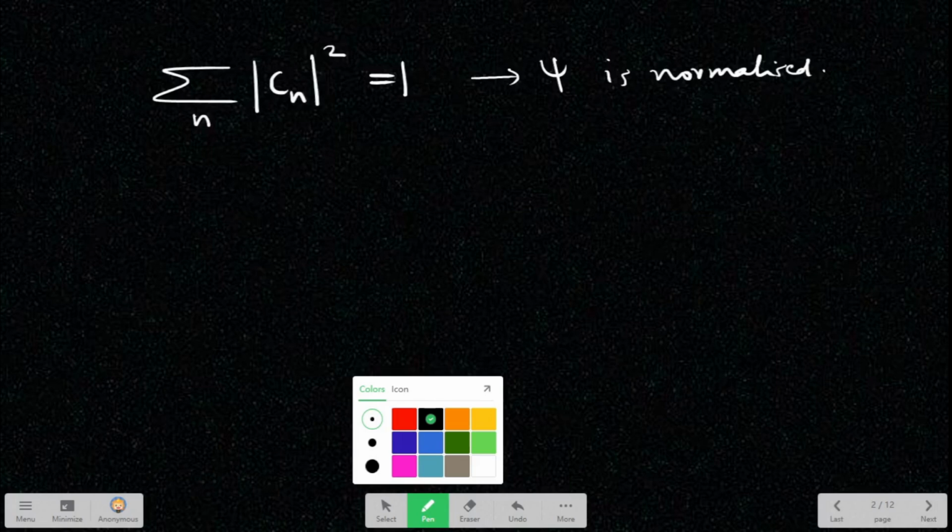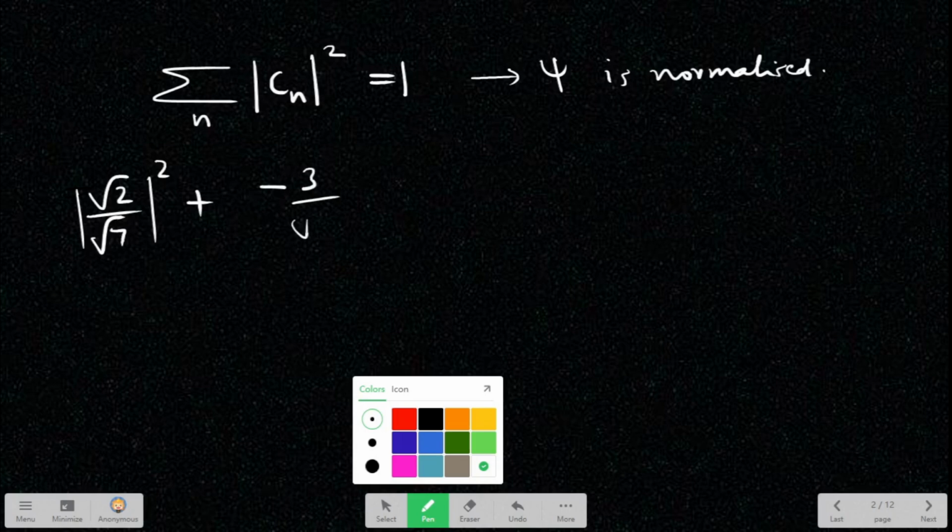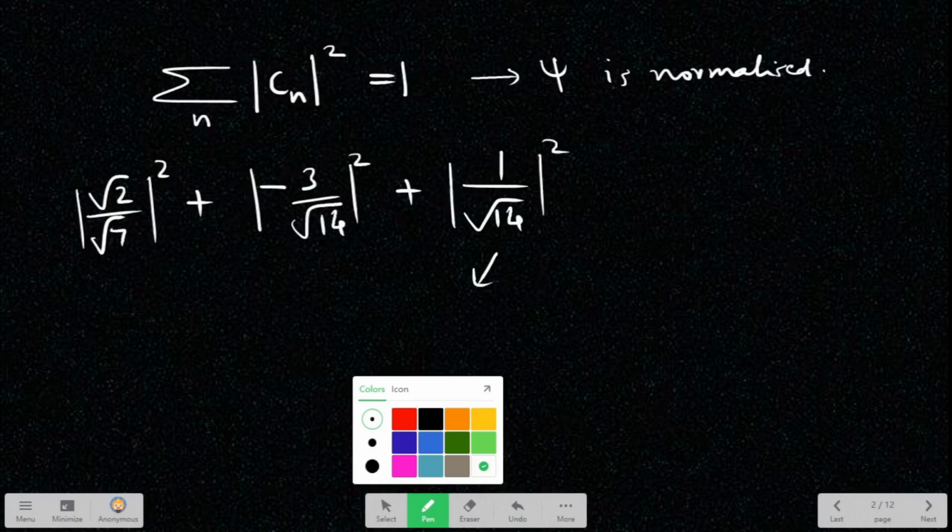Therefore this sum will be equal to C1 mod square plus C2 mod square plus C3 mod square, that is root 2 by root 7 modulus square plus minus 3 by root 14 modulus square plus 1 by root 14 modulus square.